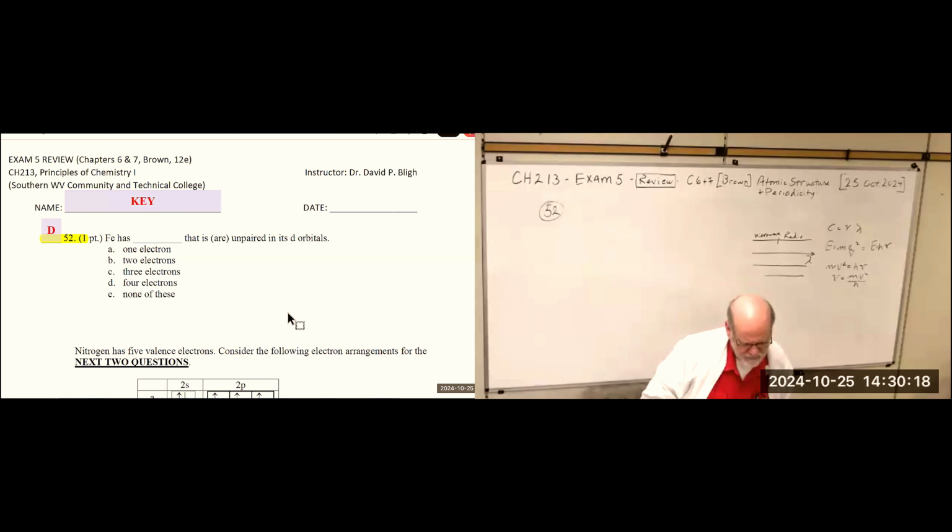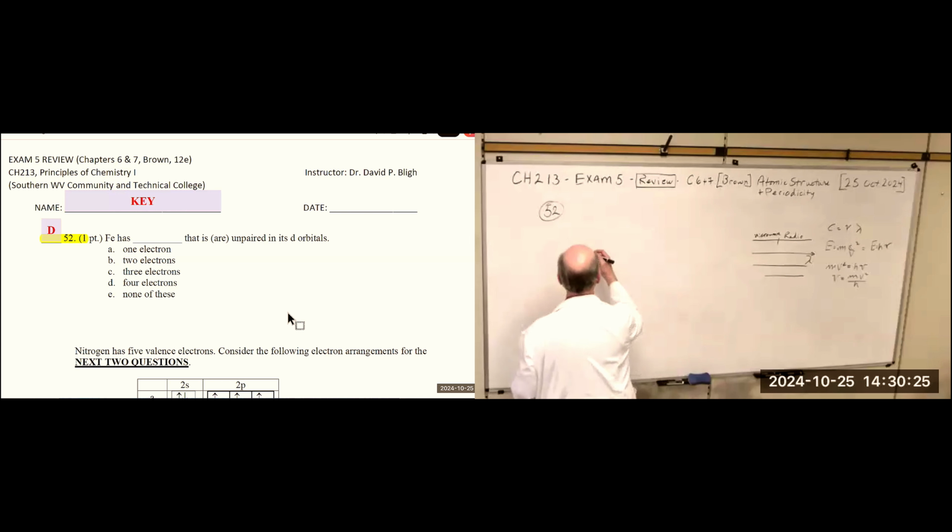Iron has a number of electrons that are unpaired in its d orbitals. So iron is 26.